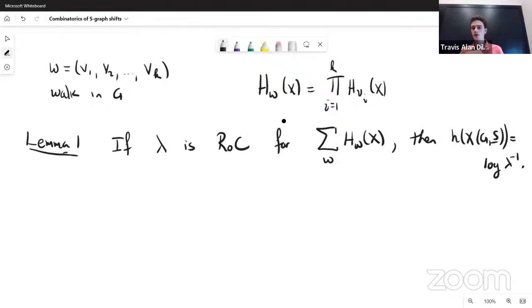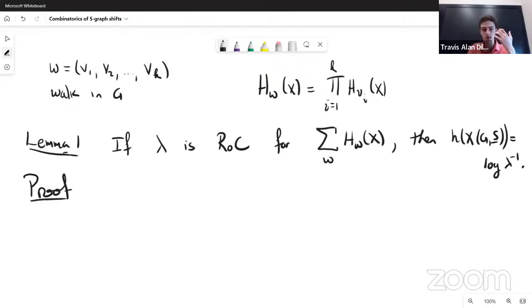Not only do we have a power series, we're summing over all of the infinitely many walks inside the graph. Computing this thing would be a nightmare. But luckily, it's just a stepping stone, and it won't actually appear in the final result. But the point is that we're starting to connect the entropy to these power series.